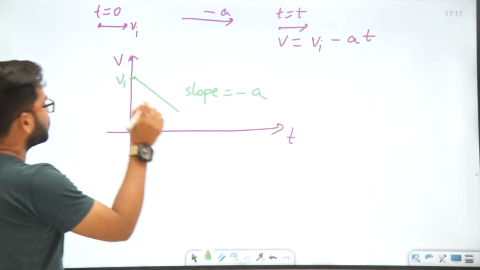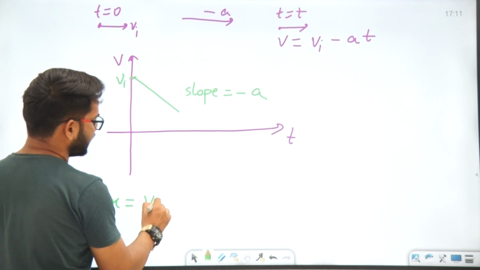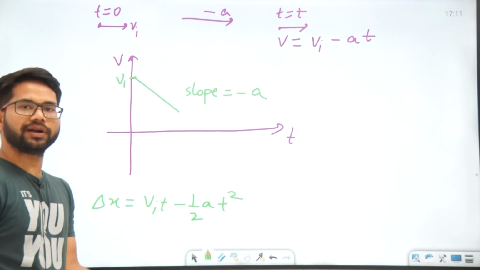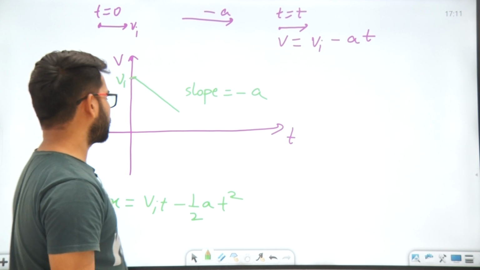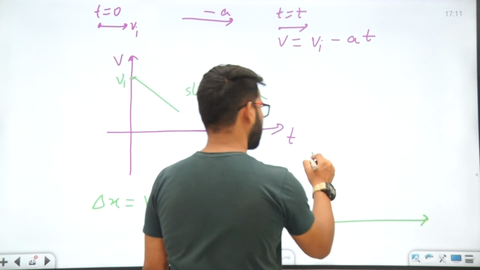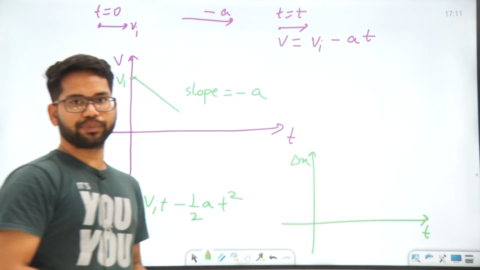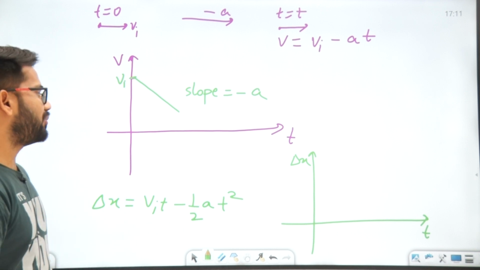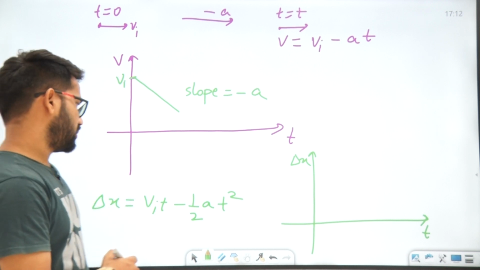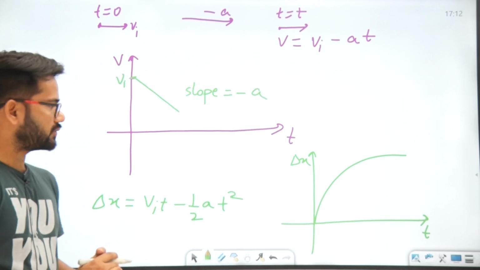And also if you want to write delta x, students, delta x will be vi t minus half a t square. So it will be a downward parabola. If you draw a graph between displacement and time, it will be a downward parabola, like this, right?